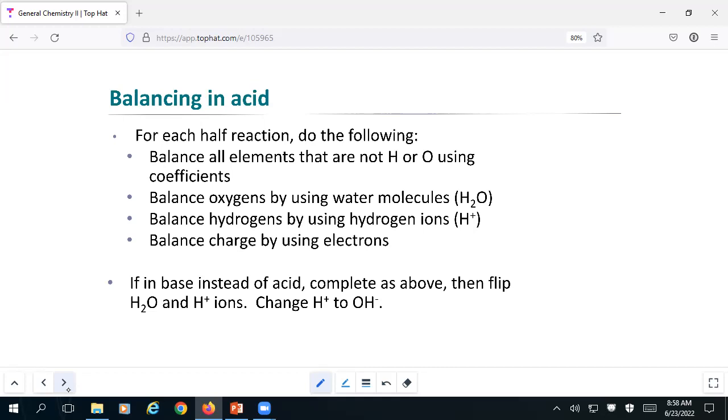Since adding water molecules is going to add hydrogen to the equation, and put the hydrogen out of balance more than likely, we're going to add hydrogen ions next to balance out the hydrogen atoms that we just added through the water. And then finally, we are going to balance the charge in the half reaction. So we're going to evaluate what is the total charge on the reactant side, what is the total charge on the product side, and we're going to balance whatever that charge is using electrons.